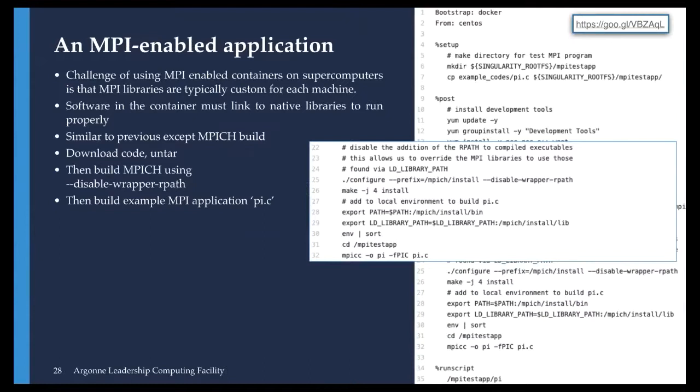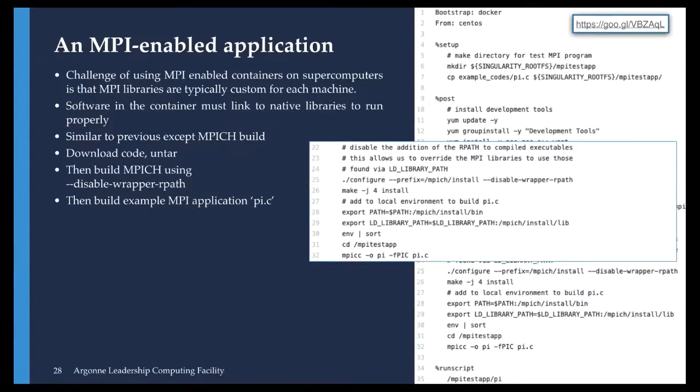So, when you're building MPI, you use these mpicc and mpicxx to build your software instead of g++ or gcc. And if you don't include this in your configure, those build commands will automatically add to any dynamic library a pointer to the local MPICH libraries that are in your container, which will make it impossible for you to override the container MPICH with an external version.